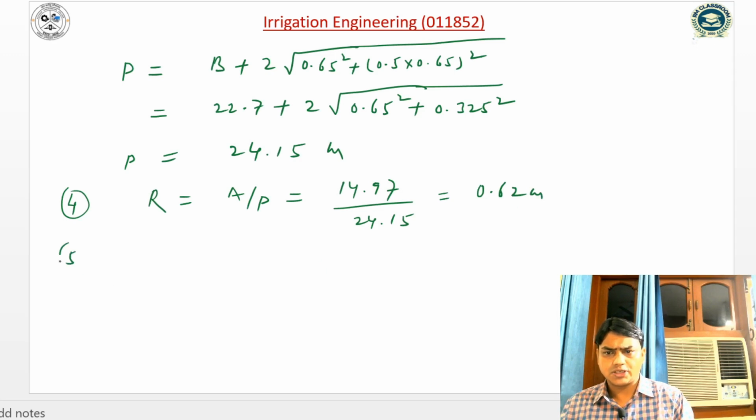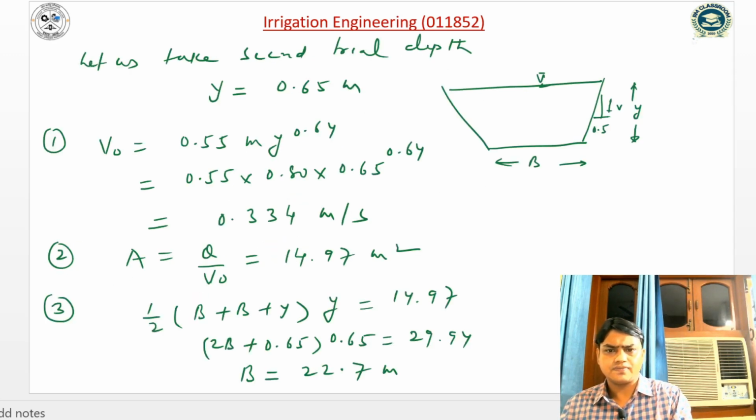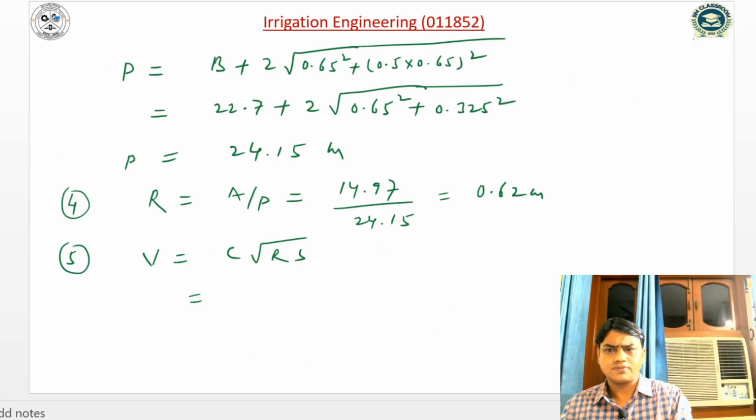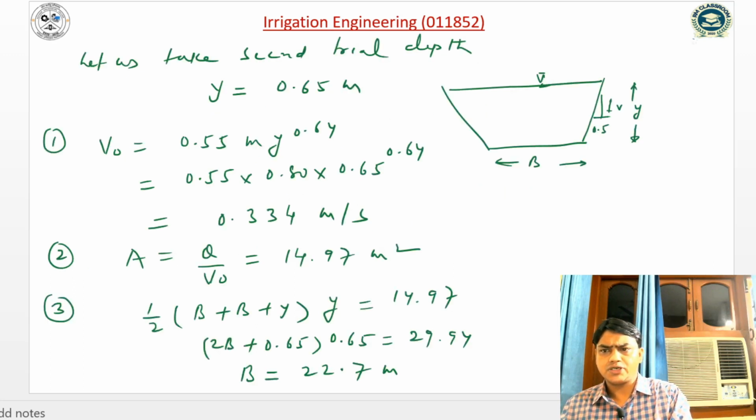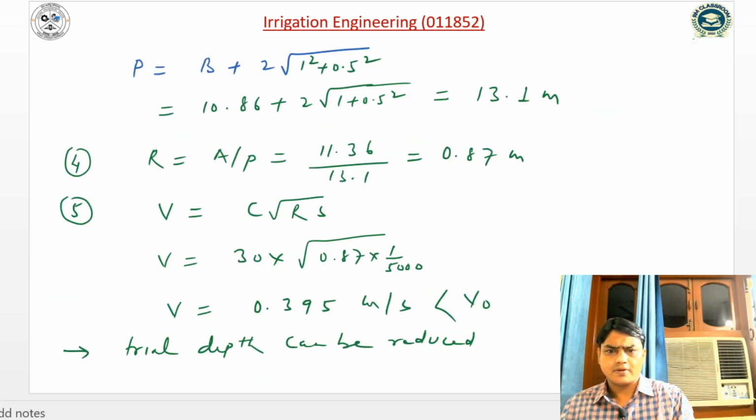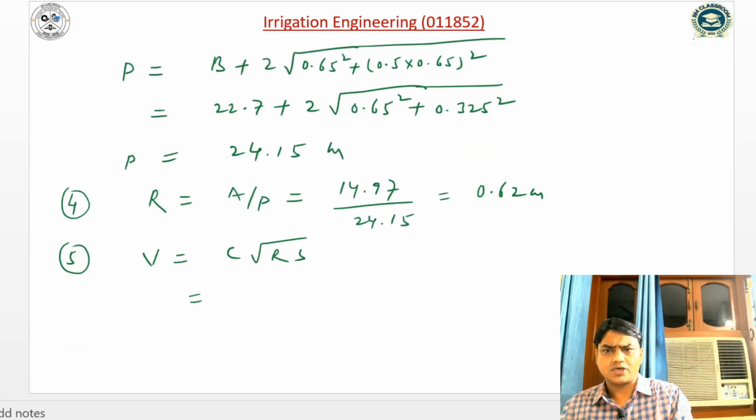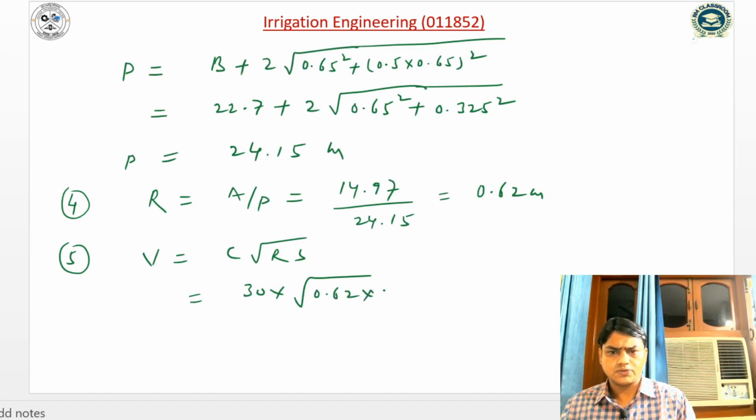So actual mean velocity can be computed as C square root of RS. The Chezy's coefficient is given, that is 30. So 30 into square root of 0.62 into 1 by 5000.